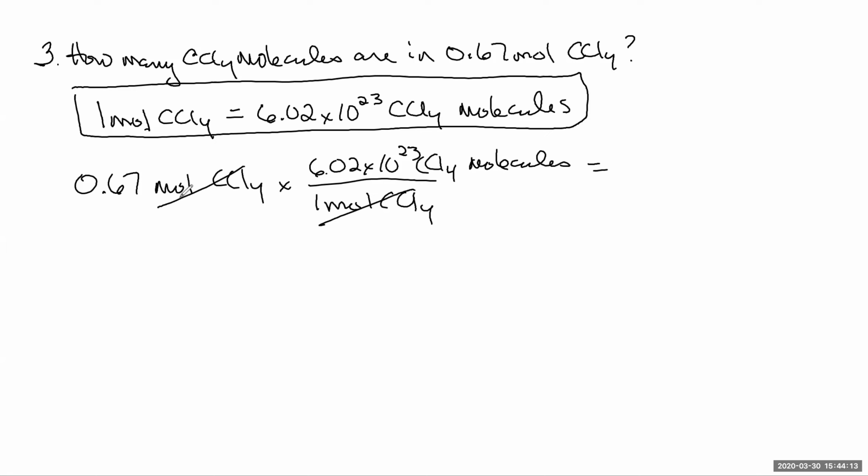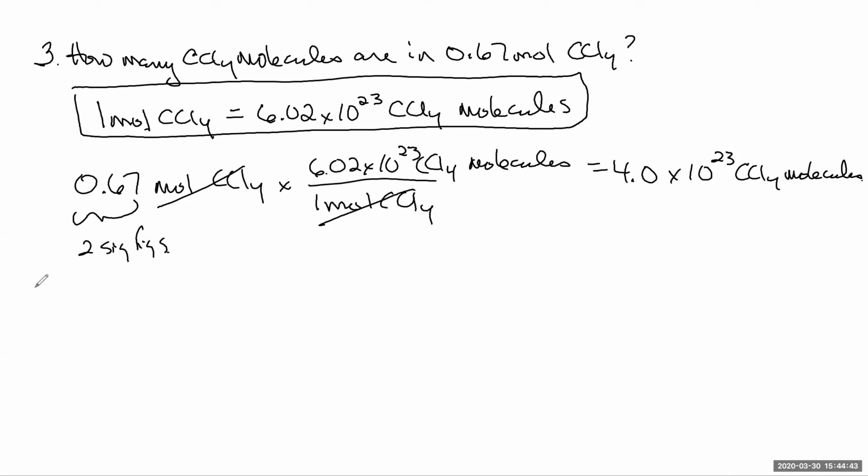Moles will cancel, and if I take 0.67 times 6.02 times 10 to the 23rd, and I maintain only 2 sig figs, because this is only 2 sig figs, my answer should be 4.0 times 10 to the 23rd carbon tetrachloride molecules. If this question wasn't a covalent compound, but was something ionic like sodium chloride, we wouldn't be using molecules, we would be using the term formula units.